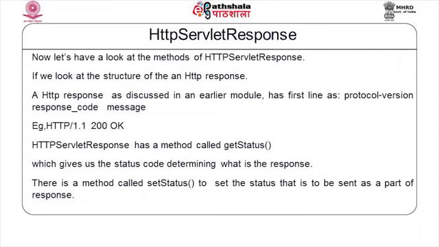The first line in the HTTP response specifies the protocol version, and immediately following it is the response code, the 3-digit code, fine. In the HTTP protocol we already discussed the meanings corresponding to the 3-digit codes.